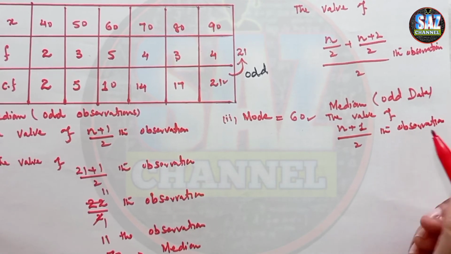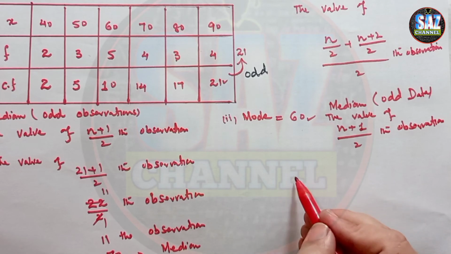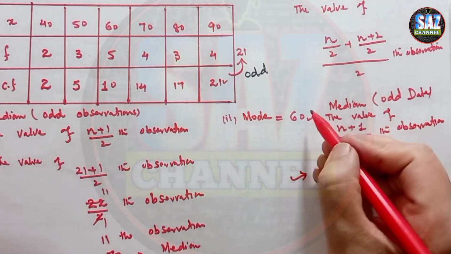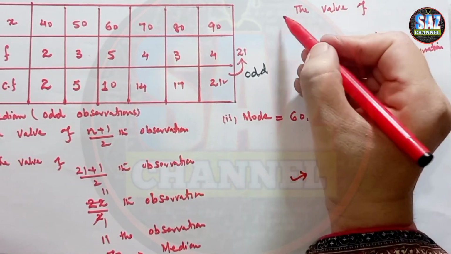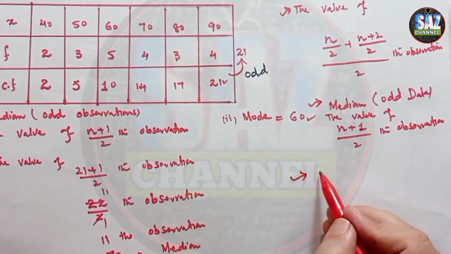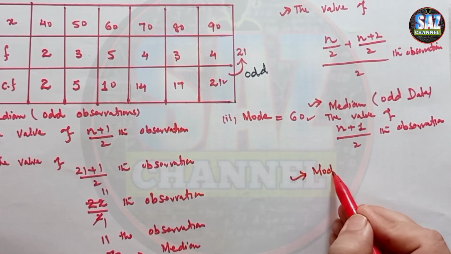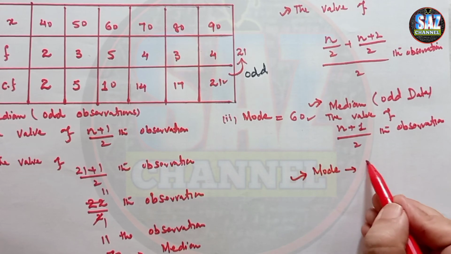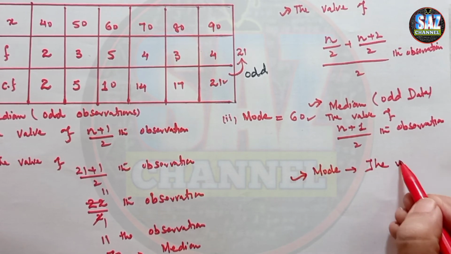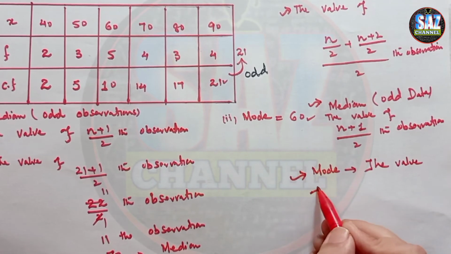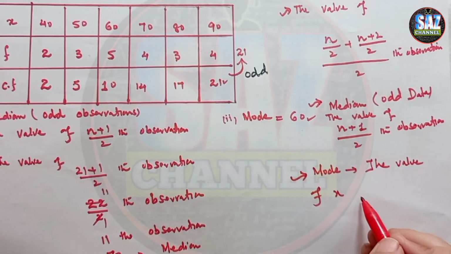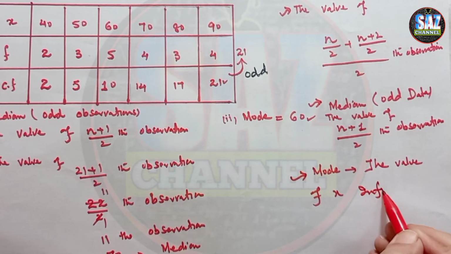I hope you are clear about these two formulas. And the mode for grouped data is the value of x in front of the largest frequency.